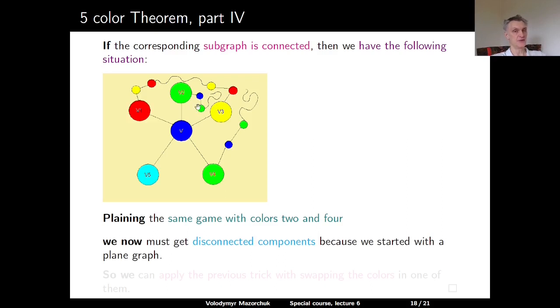It's a planar graph, so we have a connected path starting from X and going color 1, 3, and so on, 3. And now the vertex V2 is inside this component and V4 is outside. So that graph is disconnected, so we can apply the previous argument by swapping the colors 2 and 4 in one of these connected components, and then get an admissible 5-coloring of the original graph. And this completes the proof of the 5-color theorem.